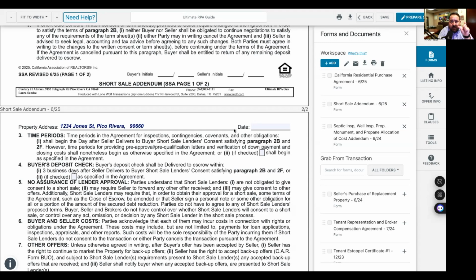When you get full consent that says the lender has approved this short sale, the next day the clock starts ticking, which means that's when my contingencies start, and that's when my deposit goes into escrow.